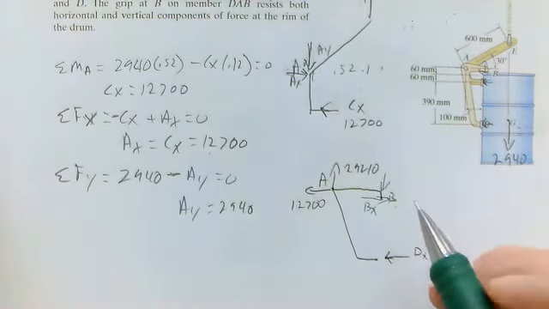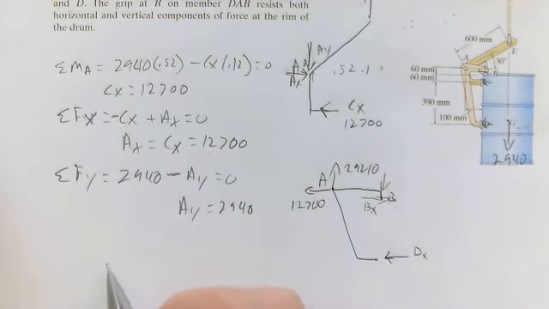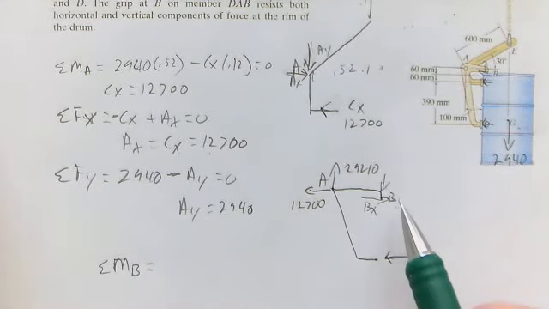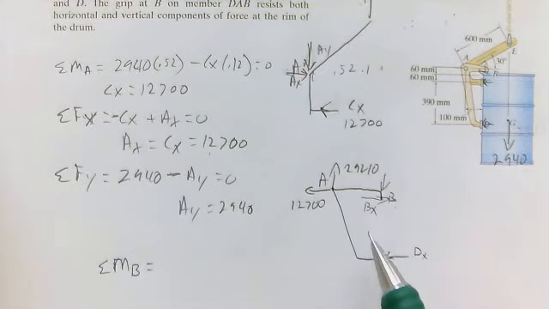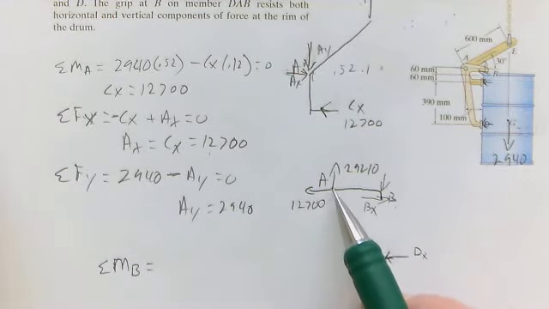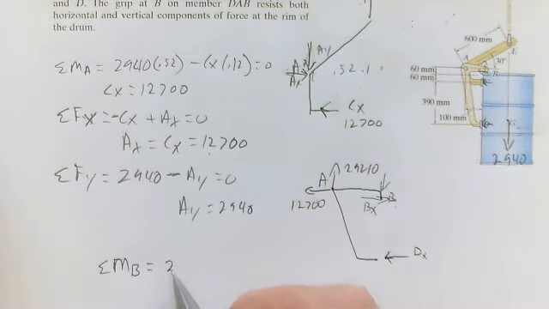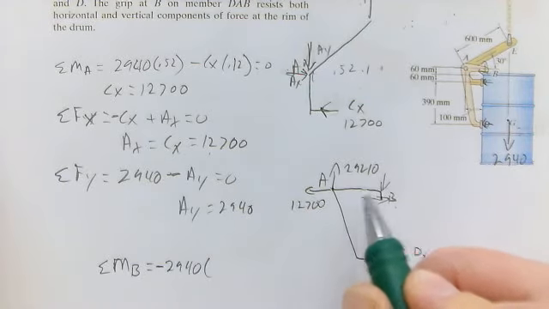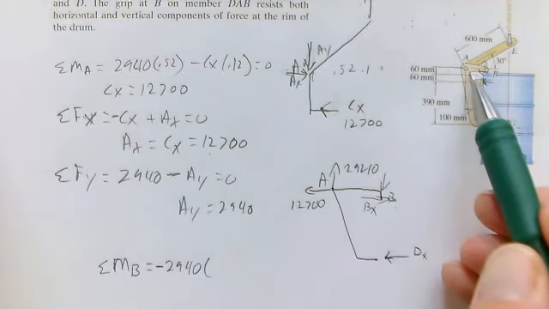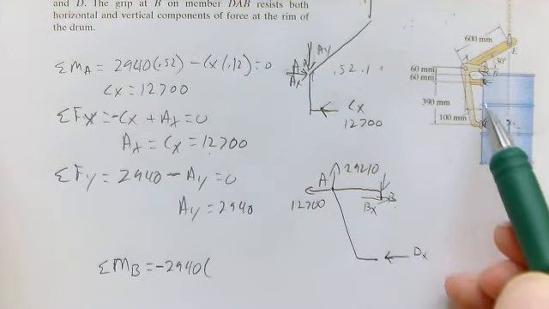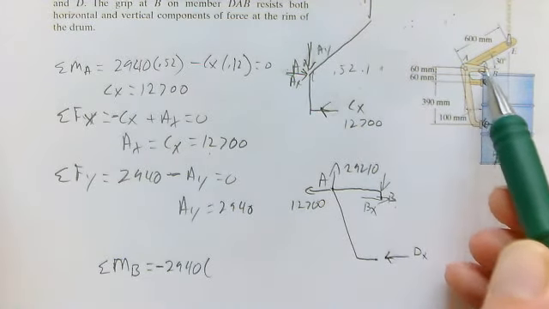Okay, so let's start by summing the moments about B. Okay, so if we sum the moments about B, I don't need to consider either of the B's, and I have the A's, so AY, which is going to be 2940, it's going to cause rotation clockwise, so it's negative, times this distance, which, looking here, is going to be 0.1.